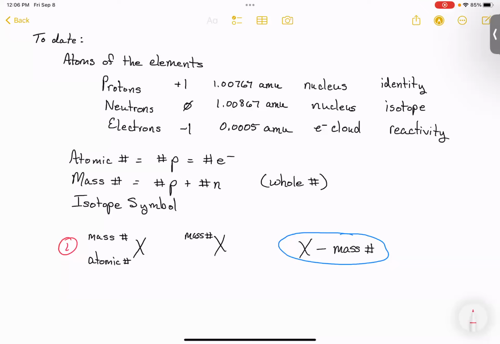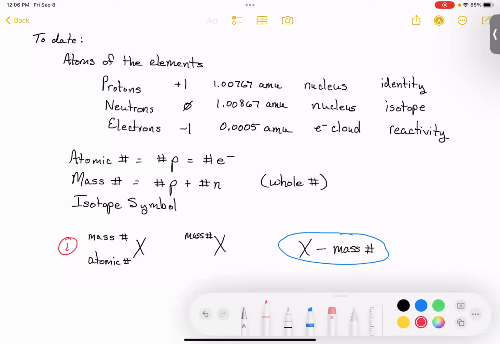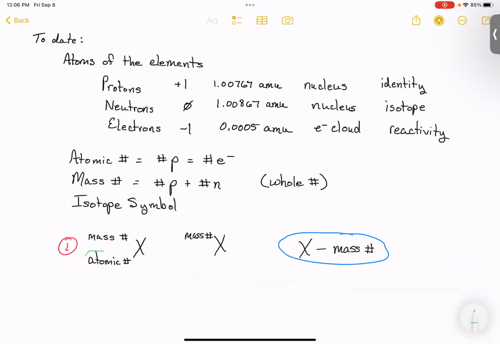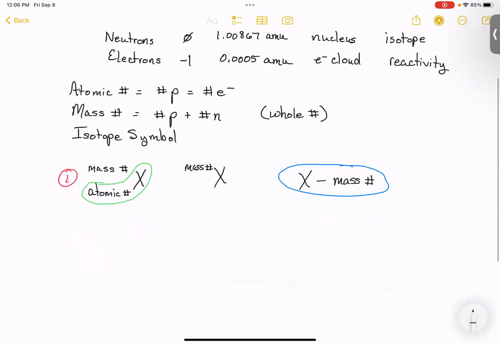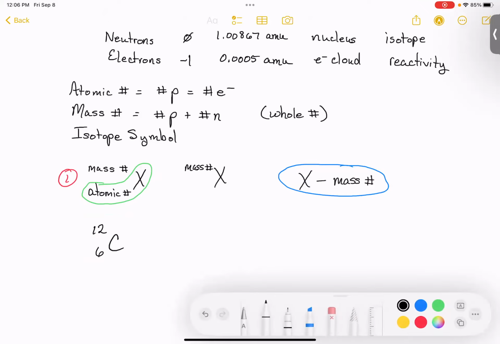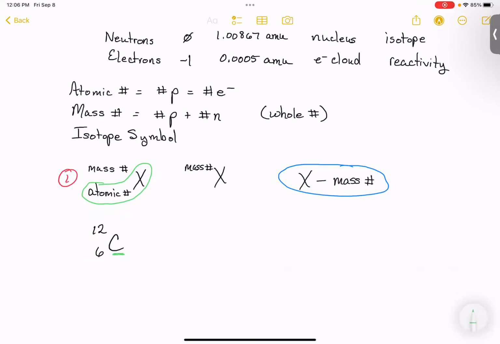It's the most explicit because the atomic number and the element symbol basically are telling the same story. So an example, let's just do the carbon one. So carbon 12, 6. If I look at the periodic table and find the element C and look at its atomic number, it is a 6.